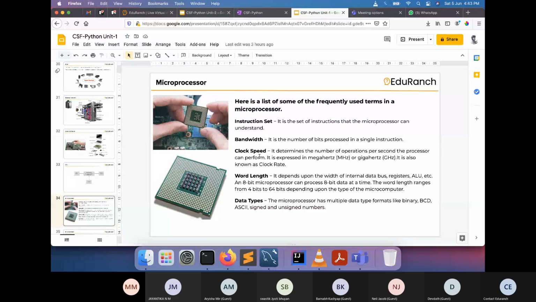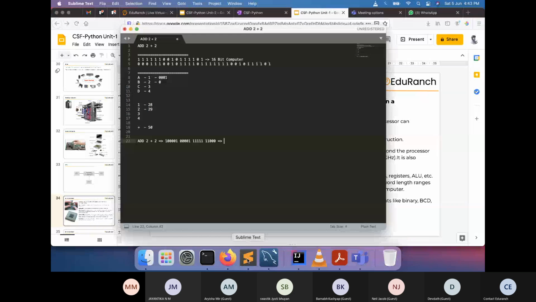And the clock speed is basically how fast this processor can execute. Let's say this is only one instruction. What if you have 10 instructions like this? How do you tell how fast your computer can execute them?